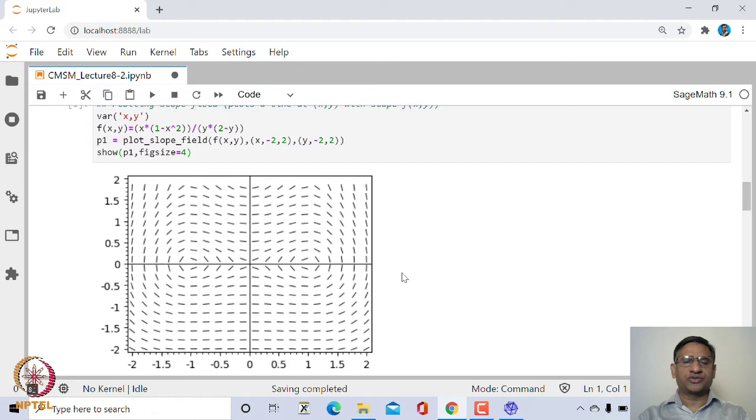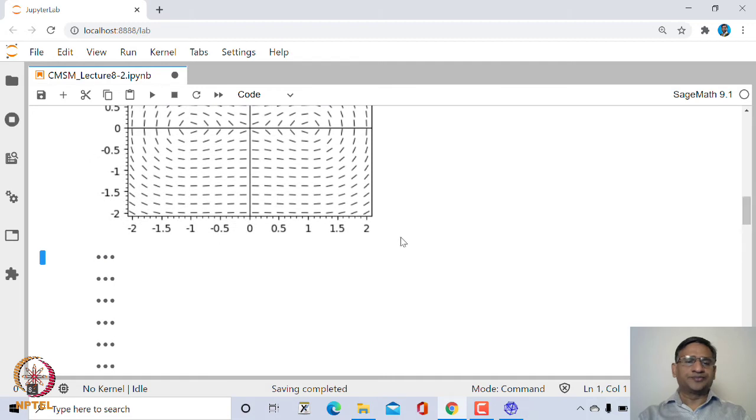So this is the slope field. For example, at this point, the tangent is along this line and so on. At each point it plots a small line, which you can think of as a line chopped off from the tangent line, in the direction of the slope of the function, right.